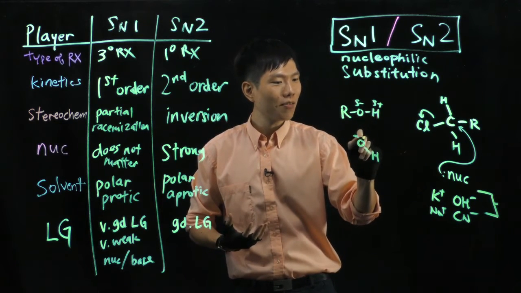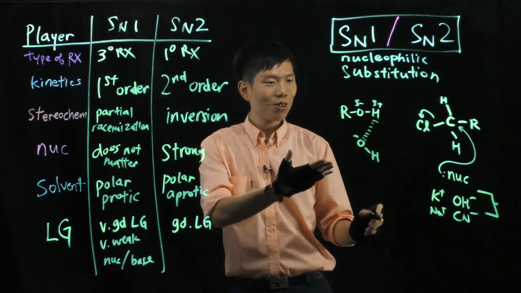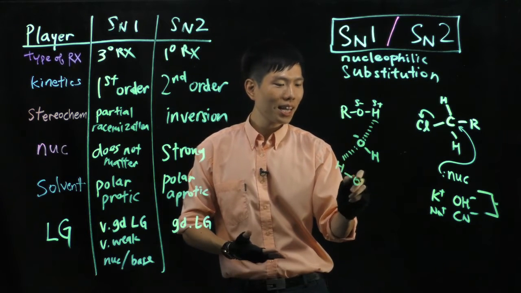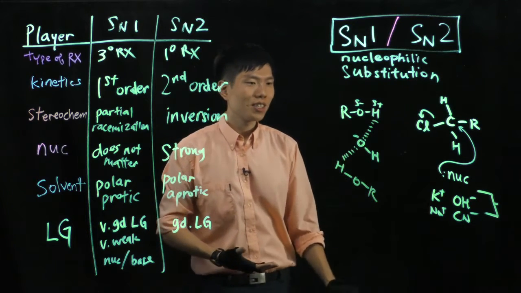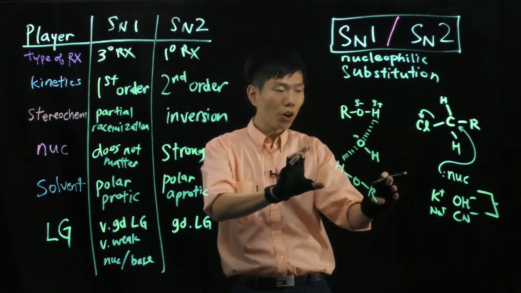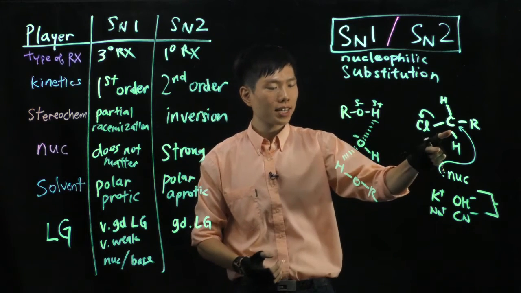So this can form hydrogen bond. And not only that, you can also form another one over here by another molecule of your solvent. So what happens is, you have more of these solvent molecules that surround your nucleophile, which is supposed to attack this substrate.